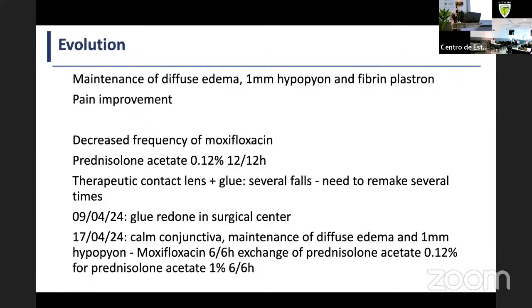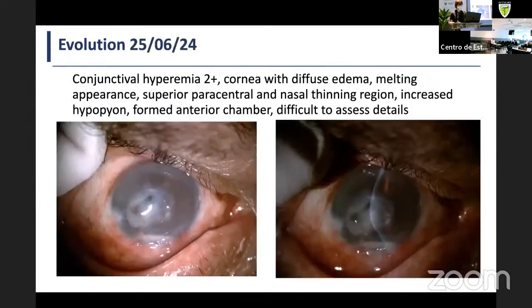So the patient's symptoms improved. But on June 25, the patient came to our service with conjunctival hyperemia 2+, a cornea with diffuse edema, a melting appearance, and a superior paracentral and nasal thinning region, an increase of the hypopyon, formed anterior chamber, and difficult to access more details. So our patient had an improvement, but in June, the symptoms worsened.